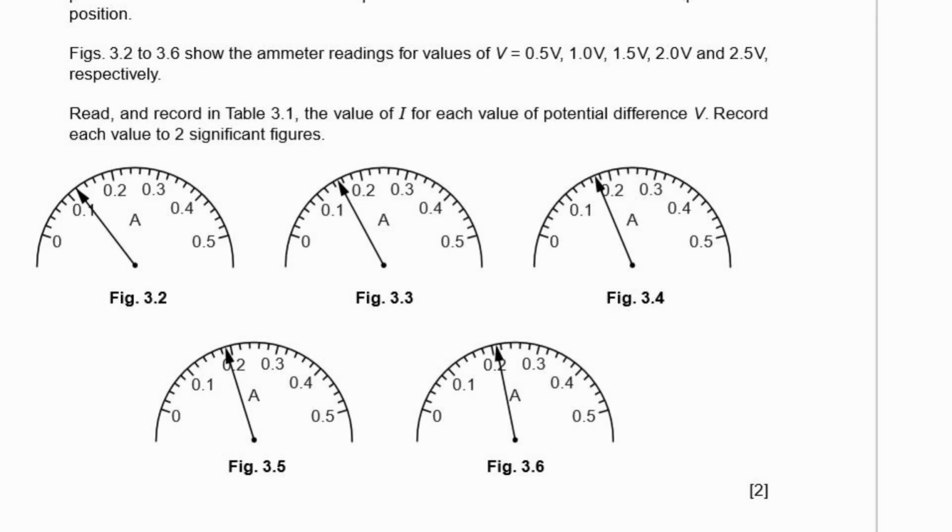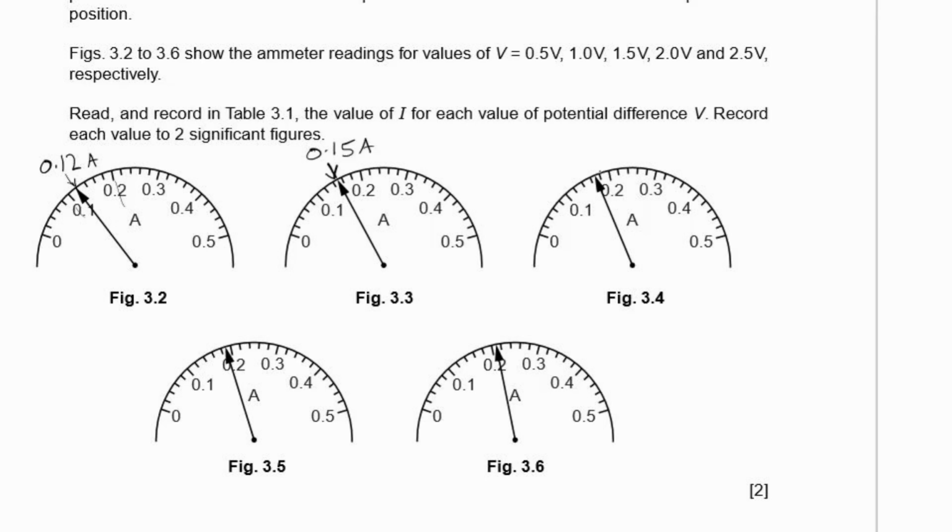Alright, well, let's look at them. What we can see is there's 5 gaps between each point. So between point 1 and point 2 there's 5 gaps, so each one represents 0.02. So this here is 0.12 amps. This reading here is 0.15 amps.